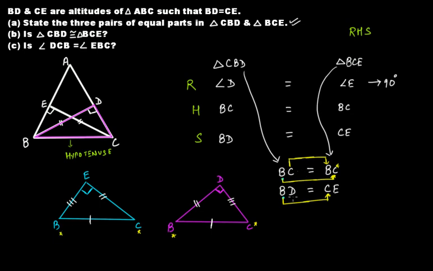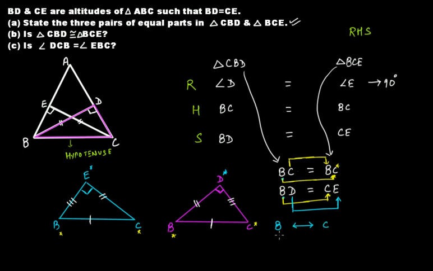And from here you can see D and E are the corresponding vertices. It means that the D vertex of triangle CBD will fall over or cover the E vertex of triangle BCE. Therefore, this is the correspondence. B vertex of triangle CBD and C vertex of triangle BCE.